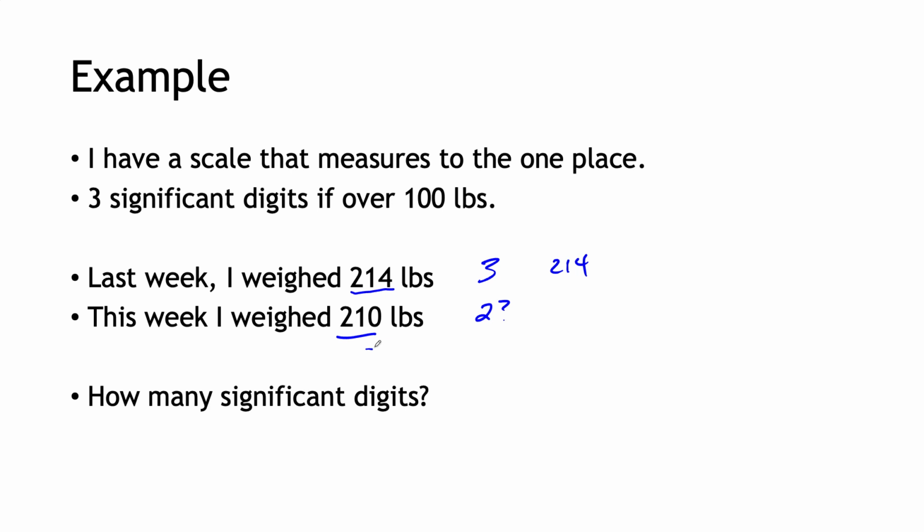But that is actually incorrect, because I know this 0 is significant: if I gained a pound, it'd be 211, and all 3 numbers are significant. So this is actually a significant value. This is what can drive students a little bit crazy. So the actual value is 3.